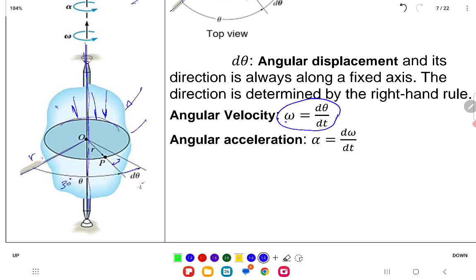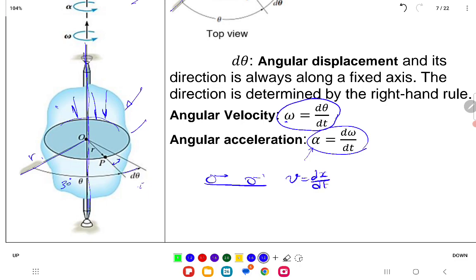All right. And at the same time, if you find the first derivative of the angular velocity, you can find the angular acceleration. By the way, that's not strange because we did that in translation. Like when you have the translation of something moving along the x-axis, if you want to find the speed, you say v is equal to dx by dt.